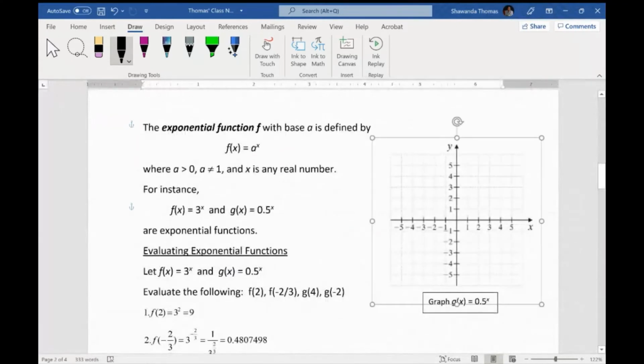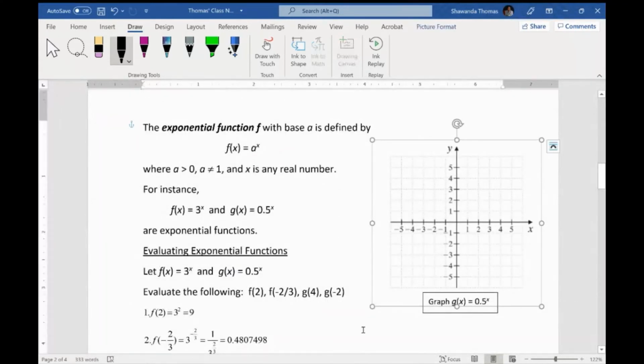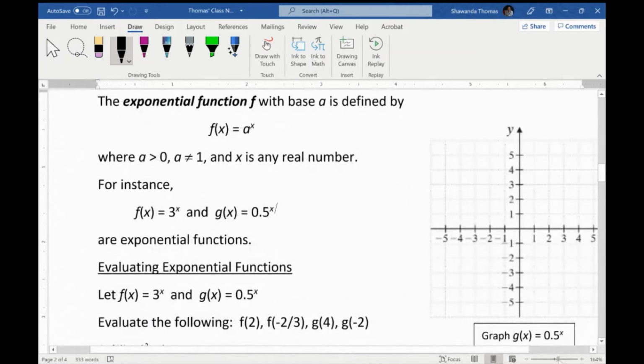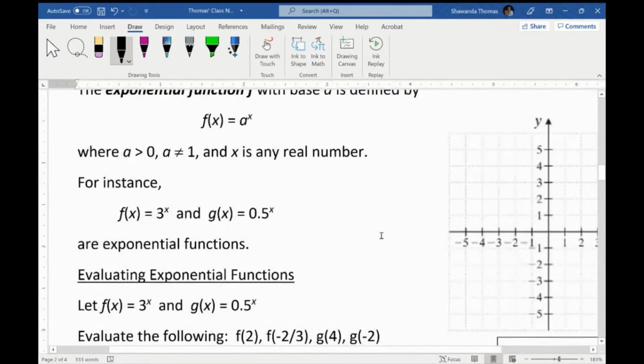The exponential function with base a is defined by f(x) = a^x. So what's different about these functions? Notice that x is an exponent now. It's a little different from what we're used to. The x is an exponent. All right, where a has to be greater than 0.